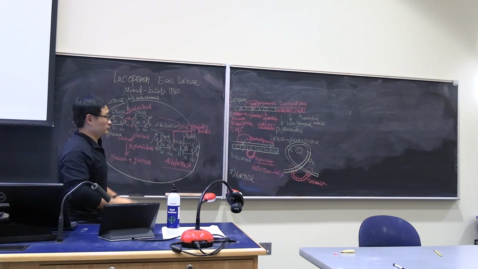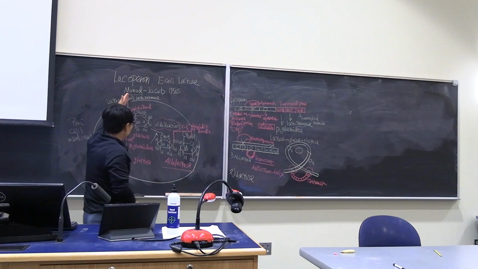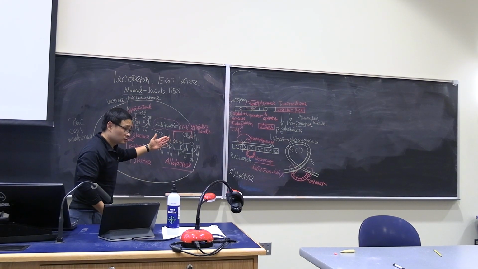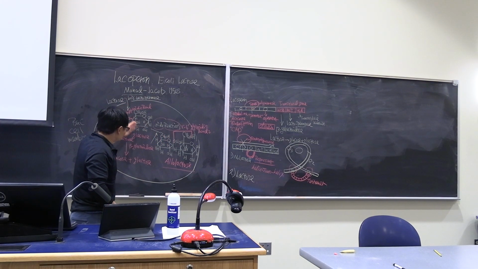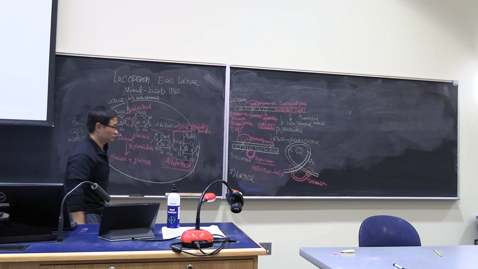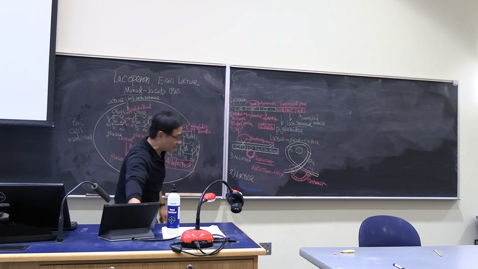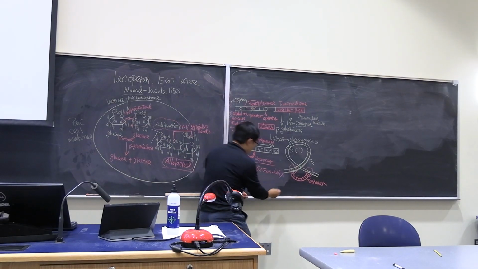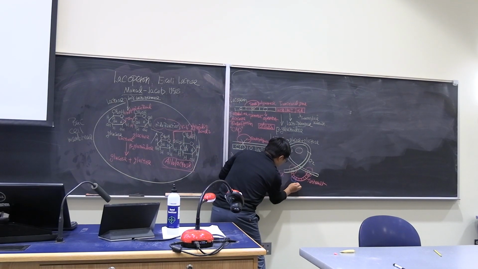If there is lactose, the lactose is going to go in, beta-glycosidase is going to do something, and they will generate allolactose. And what does the allolactose look like? The allolactose is right here.